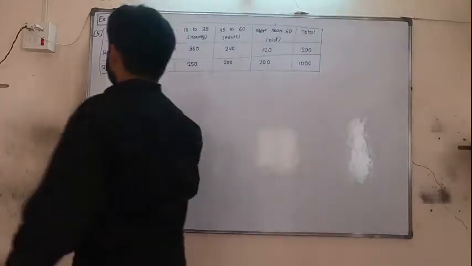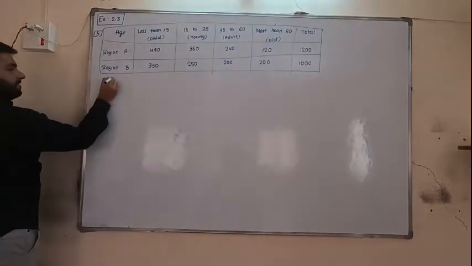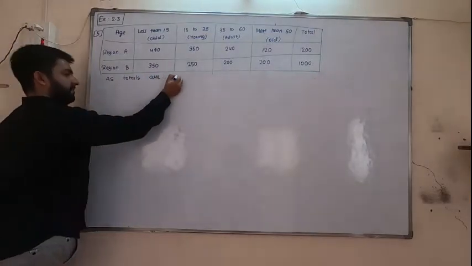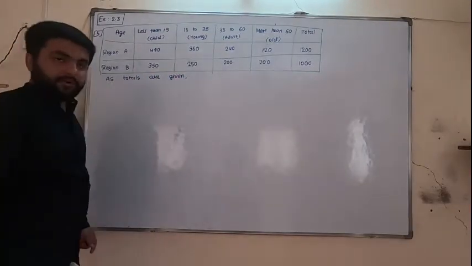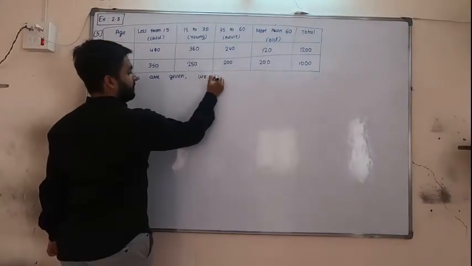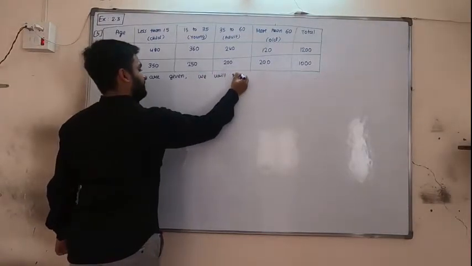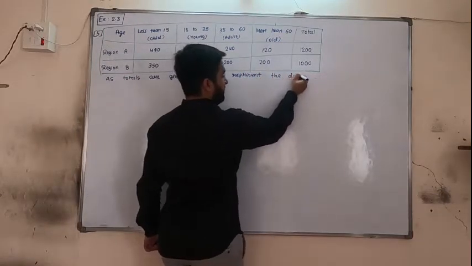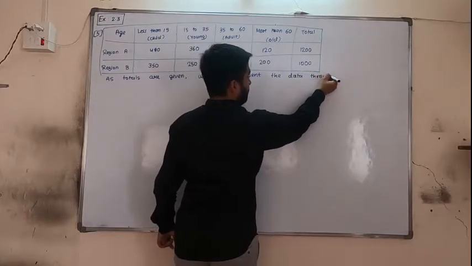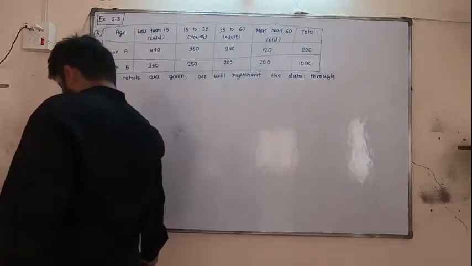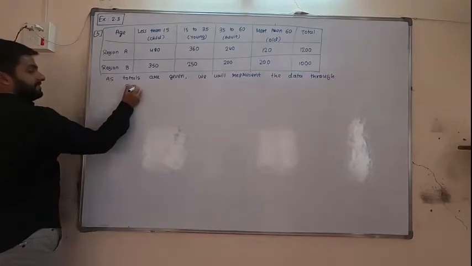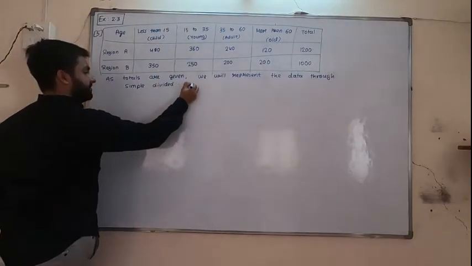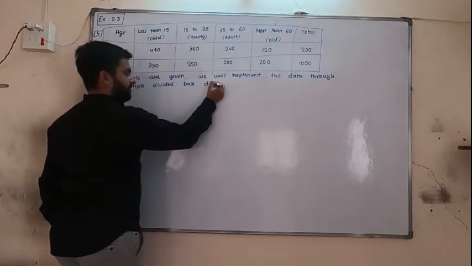Below it, we will write: as the totals are given, we will represent the data through a simple divided bar diagram.